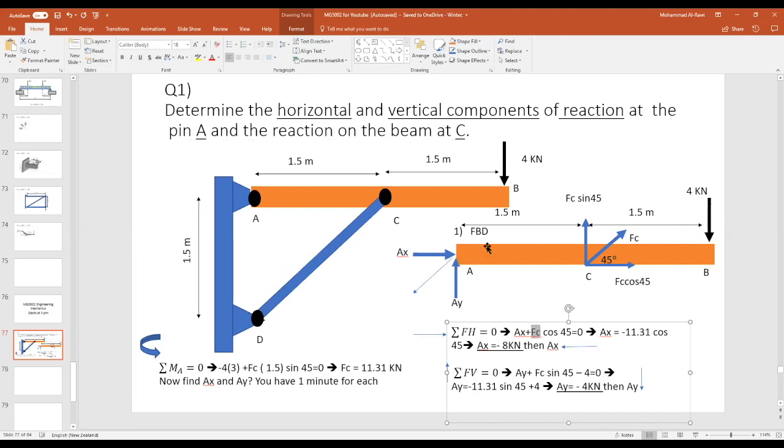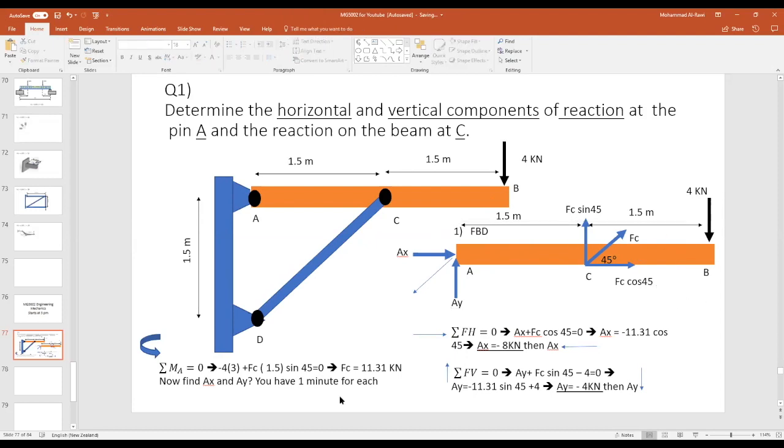Therefore, if I take the moment around point A, I can find the value of FC with respect to that moment. FC cosine 45 will be 0 because its line of action passes through point A. Therefore, the only force taken into account is FC sine 45 times the distance 1.5 meters, and also the 4 kilonewtons times 3 meters, which is the total length of the beam, from one end to the other.